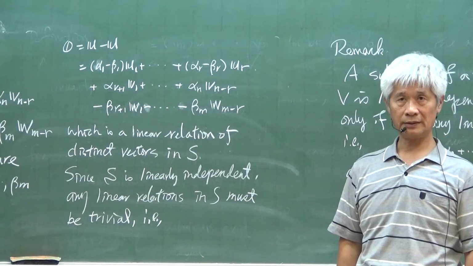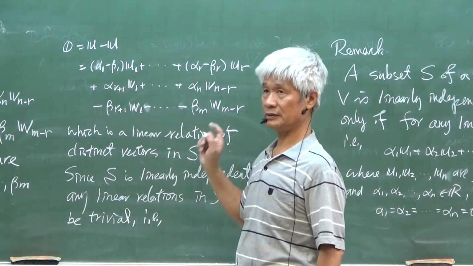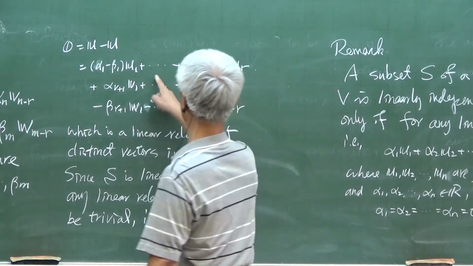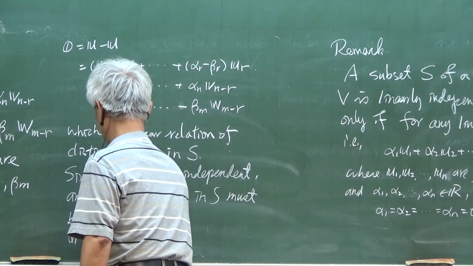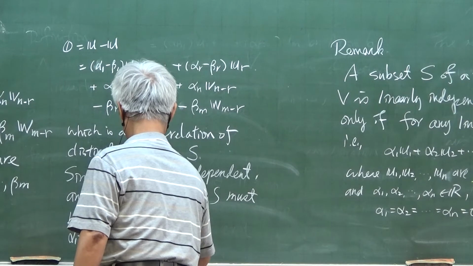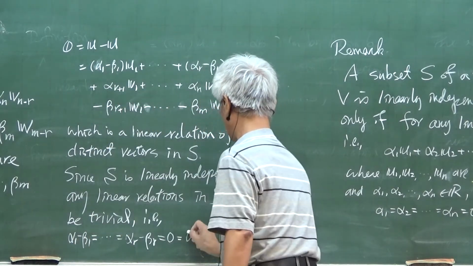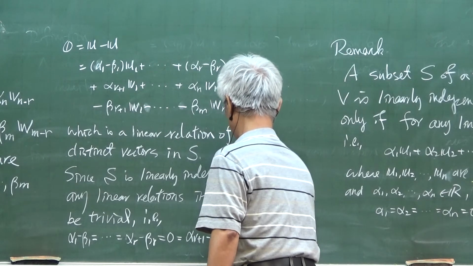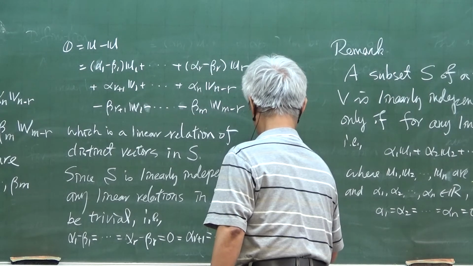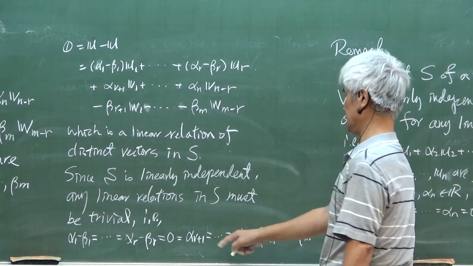What does that mean? It means that all the coefficients must be zeros. i.e. alpha 1 minus beta 1 equal to ... alpha r minus beta r, equal to 0, equal to alpha r plus 1, equal to alpha n, equal to beta r plus 1, equal to beta n. They are all zeros.